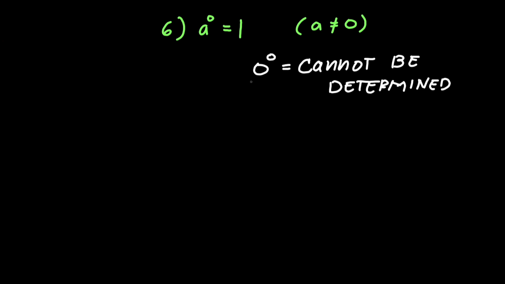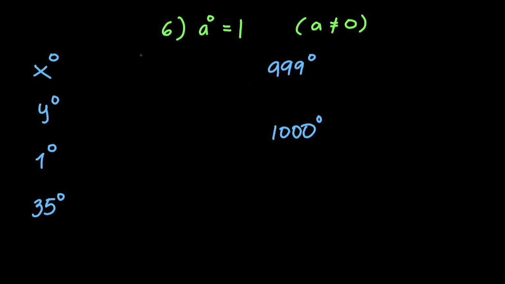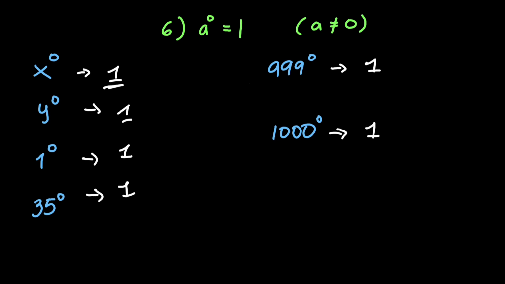Like this cannot exist, so a here should never be 0. The answers for all of this would be simply 1. Even 999 raised to the power of 0 is simply 1. And also 1000 raised to the power of 0 is 1. Anything that is raised to the power of 0 is always 1. So keep that in mind.